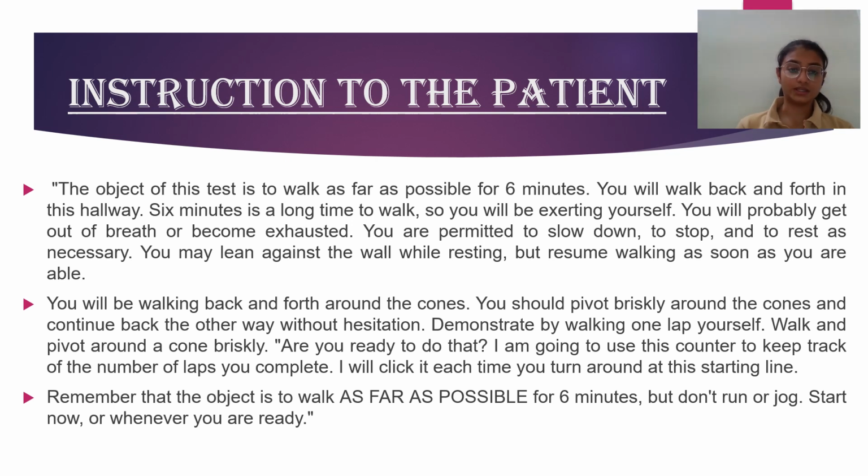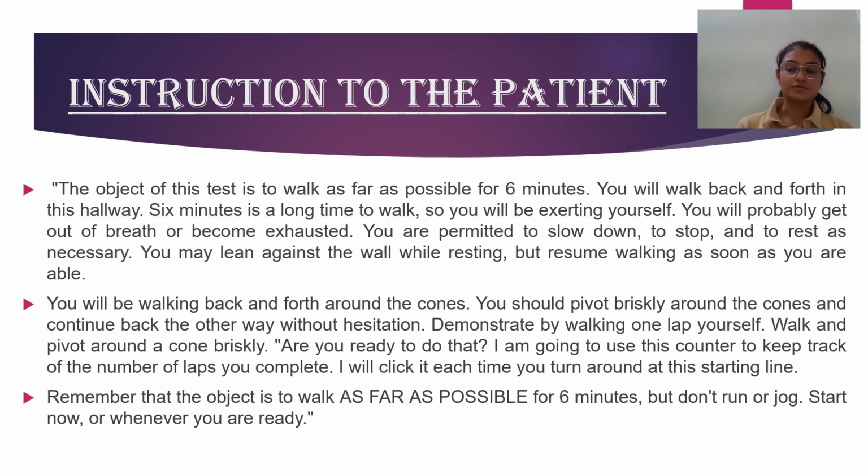You will be walking back and forth around the cones. You should pivot briskly around the cones and continue back the other way without hesitation. Demonstrate by walking one lap yourself. Walk and pivot around a cone briskly. Are you ready to do that?